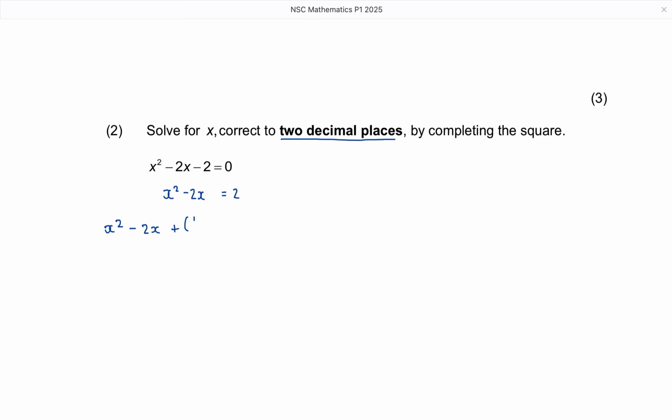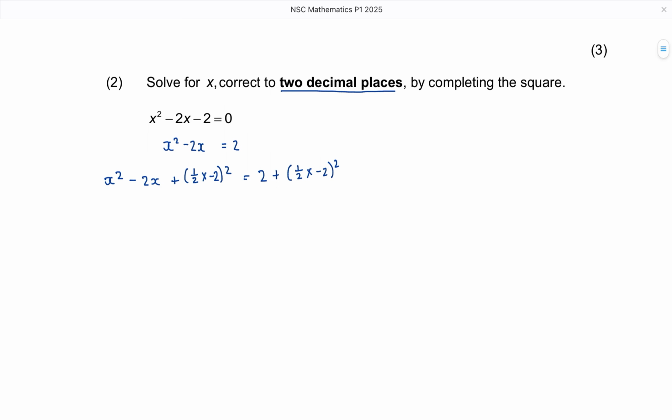So we want to add a half times the coefficient of x squared, but what we add to the one side, we also have to add to the other side as well. Then we can simplify this, so this becomes x squared minus 2x plus 1, and on the other side we also have 2 plus 1, which is going to give us 3 on the next step.